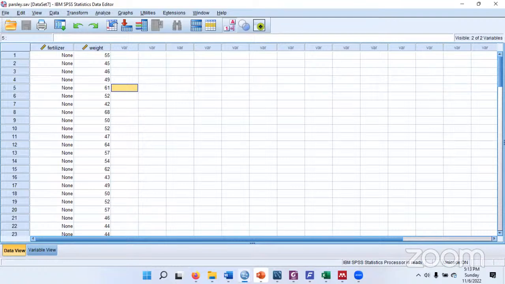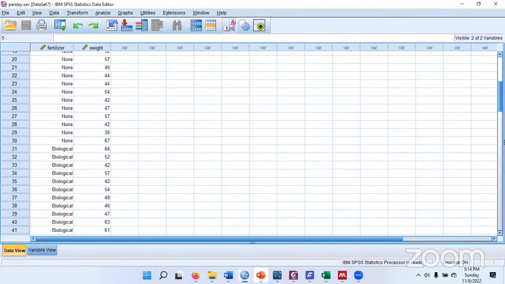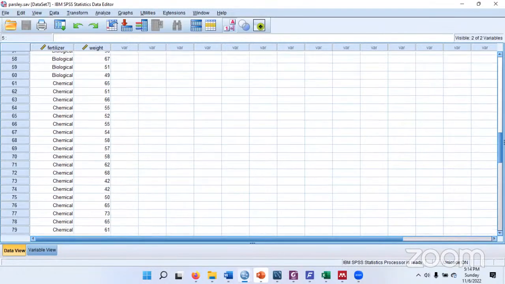Let's contextualize it: you have planted tomato and used different types of fertilizers, and the weight is used to measure the size after they produce. In one piece of land we did not apply fertilizer, in another we used organic fertilizer, then we used chemical fertilizer.